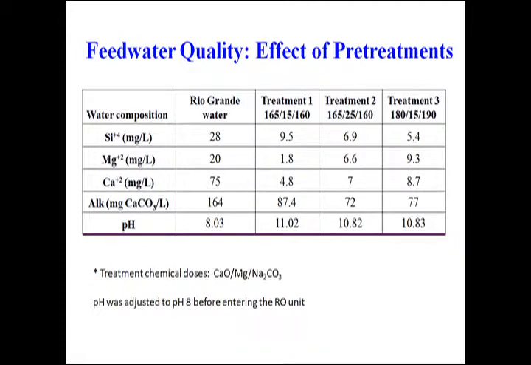You can see these levels are given here as calcium, magnesium, and soda ash being added in here. They're not tremendously different, but the results were interestingly different with respect to the silica, magnesium, and calcium concentrations that could be achieved. But you see that you had to operate at high pH to do that, and then prior to going into an RO membrane, you'd have to reduce the pH.